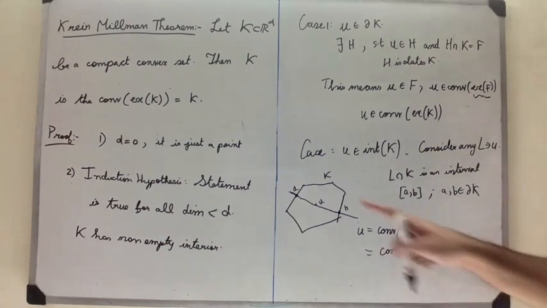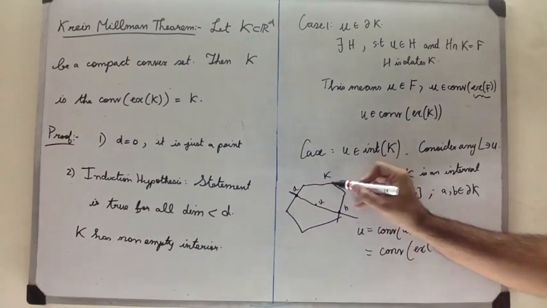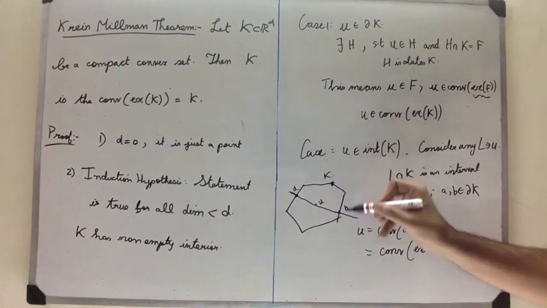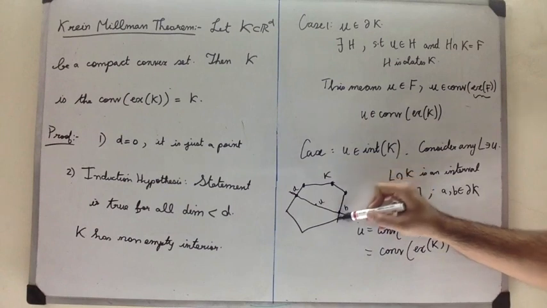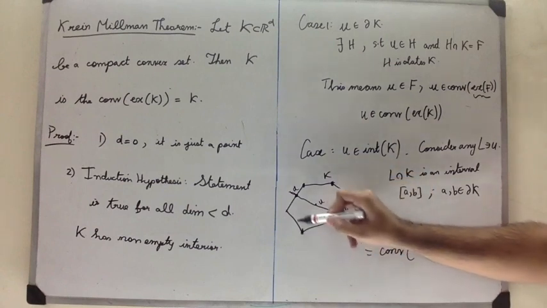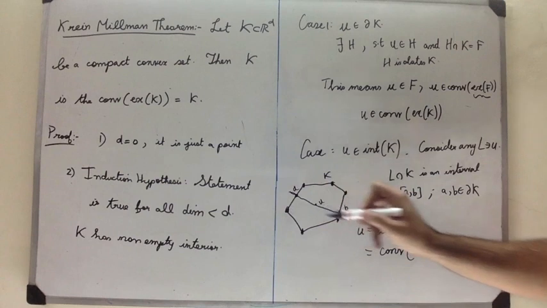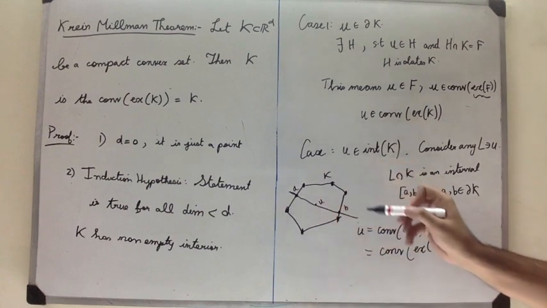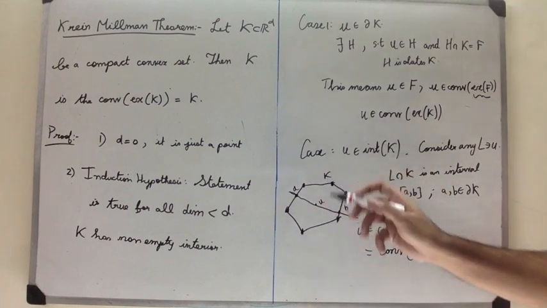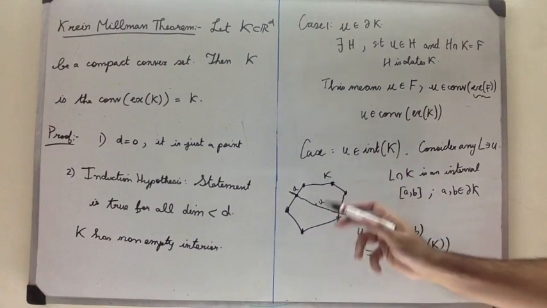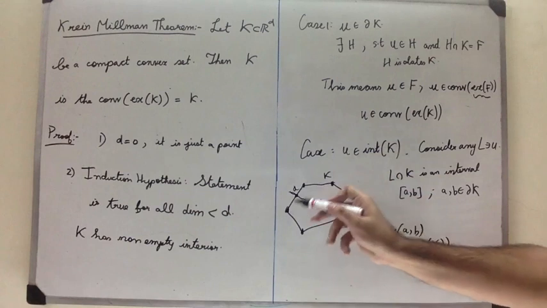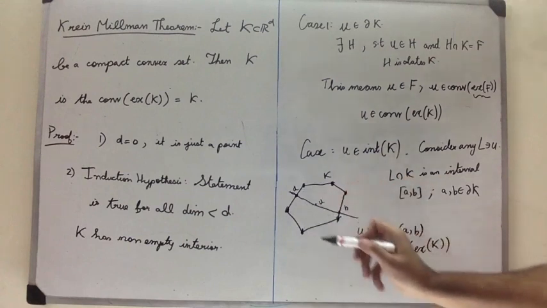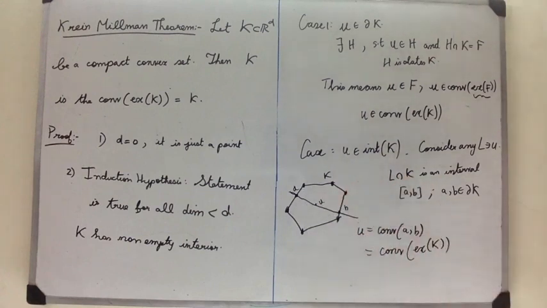Another comment is that this particular example itself is enough to illustrate the Krein-Milman theorem. The extreme points of this hexagon are exactly these darkened points, and one can easily verify that this hexagon is indeed the convex combination of these vertices, which are the extreme points.